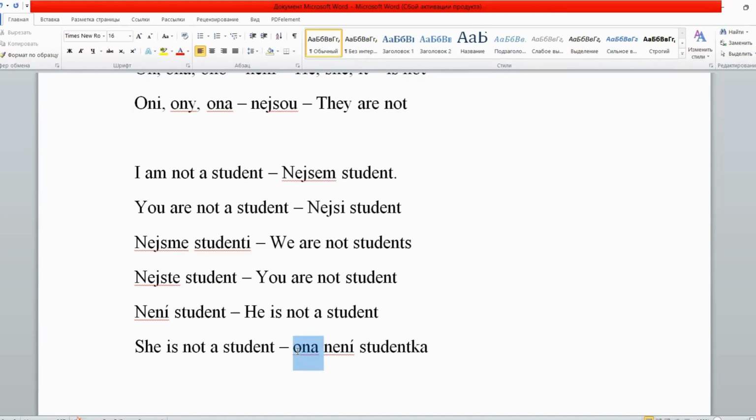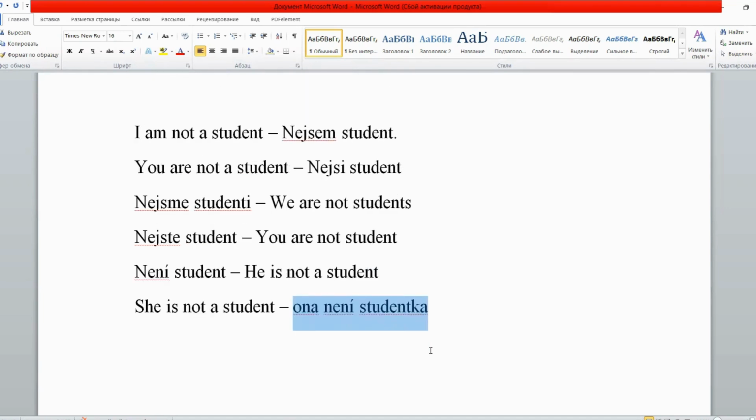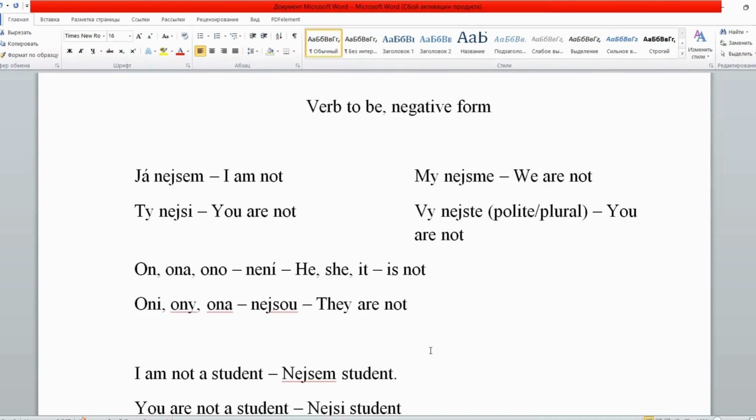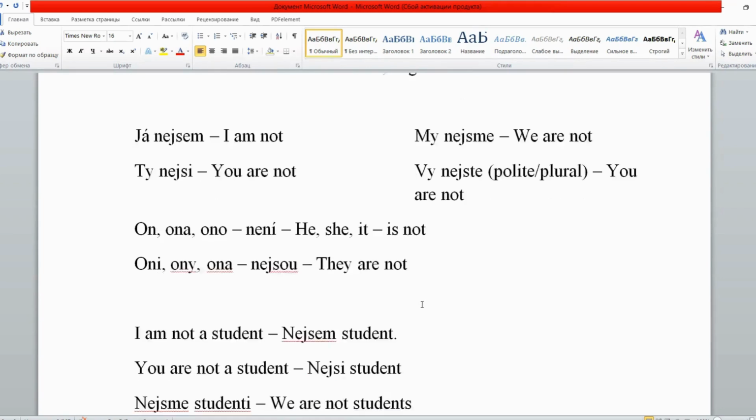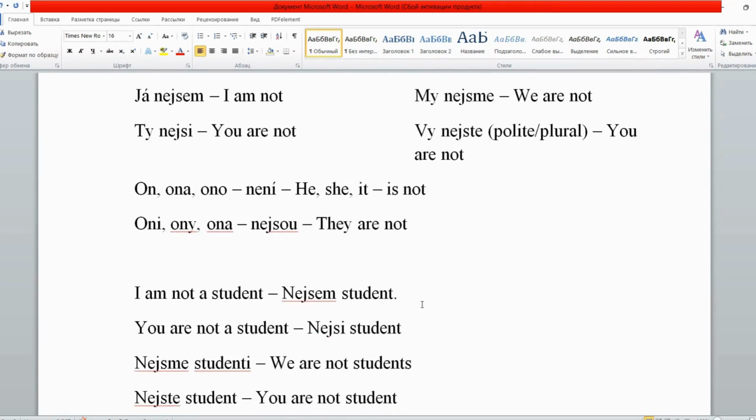Or we just use není studentka, because this form shows us that it's the feminine form. It's very important. But it will be good if you use ona není studentka. Okay, so as you can see, this is not difficult, but you must remember these rules forever. It's a very basic form to build very easy or short sentences in the Czech language.